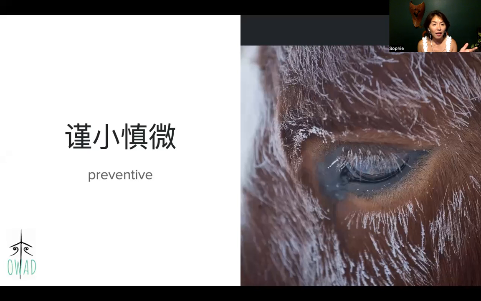So this 谨小慎微 means you have to be really careful with what looks like harmless micro or small things or behavior or events or characters of something, because that small thing can cause a big problem later on. So I just simply translate it as preventative.